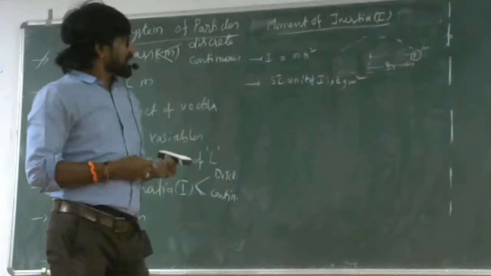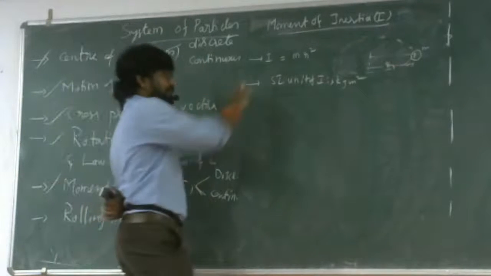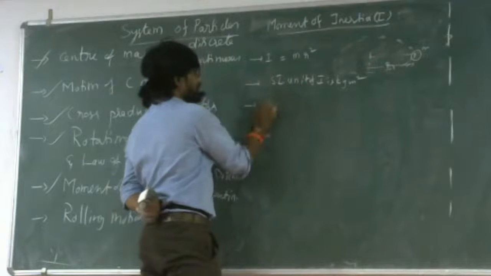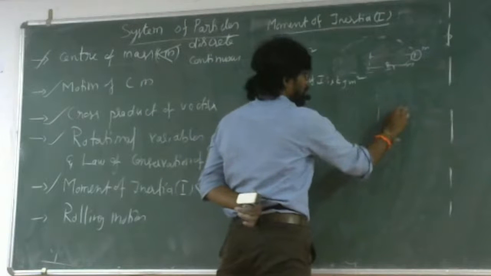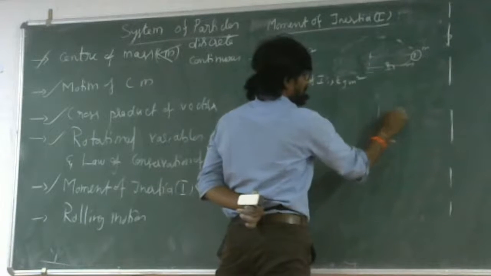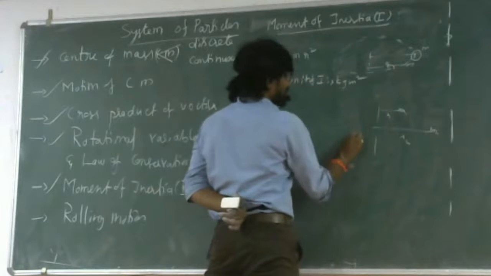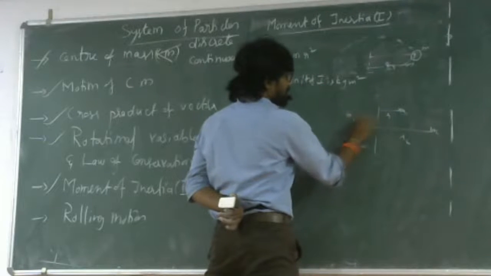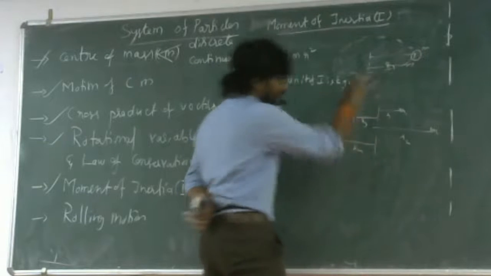Okay. For a single discrete particle that is the case. For a system of n particles, it can be expressed as follows. Say you have a system, here m1 at a distance of r1, m2 at a distance of r2, m3 somewhere here at a distance of r3, m4 at a distance of r4, like that n number of masses are there.